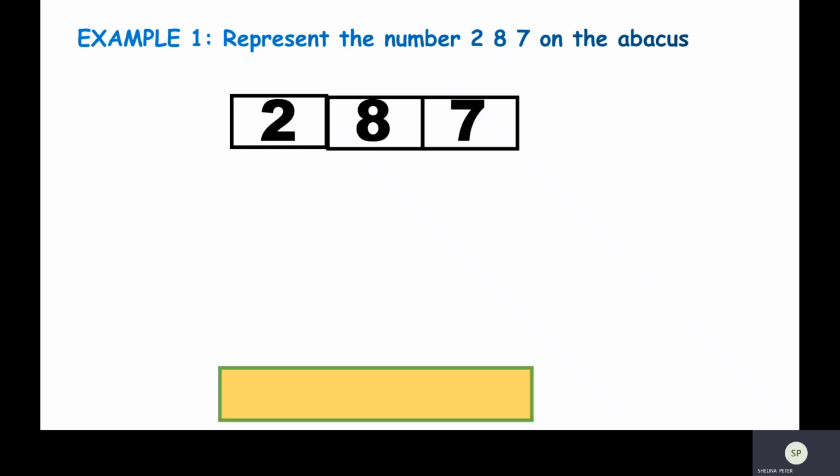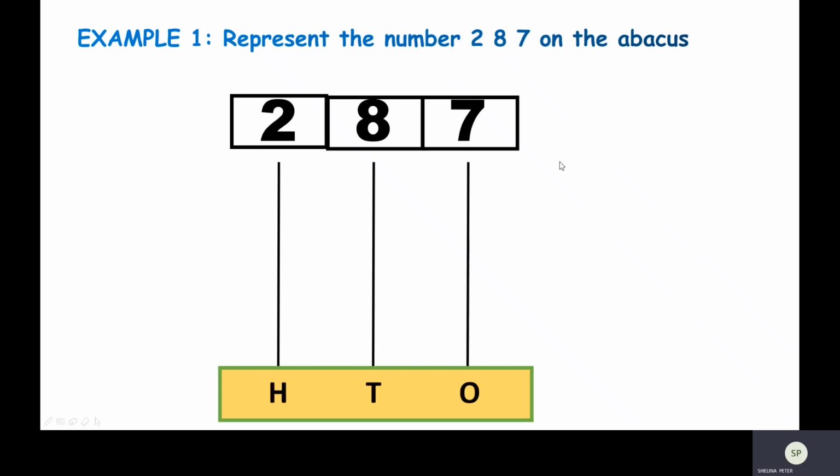We have to make 3 spikes: 1, 2, and 3. Then what was the next rule? Do you remember? Absolutely correct. We have to write the place value of each digit. 7 is at 1's place, 8 is at 10's place, and 2 is at 100's place. Clear? Now the fourth rule.